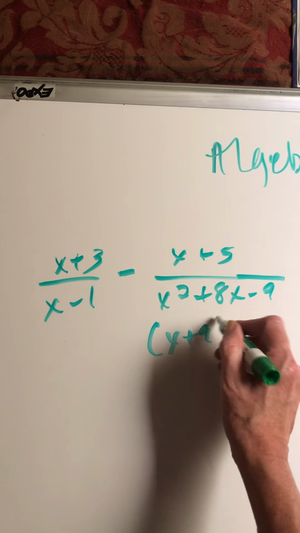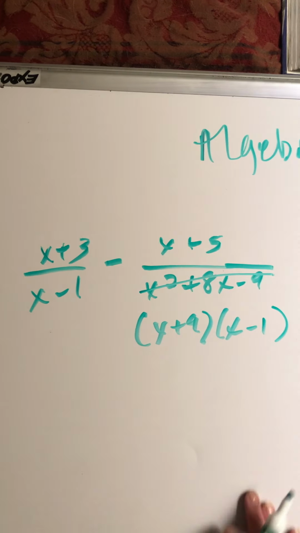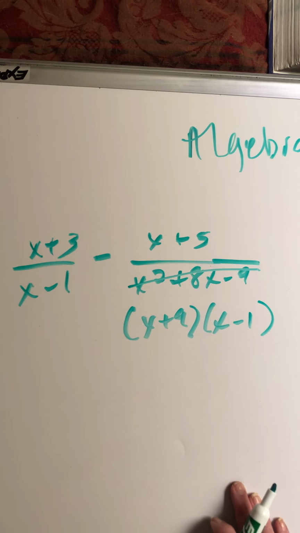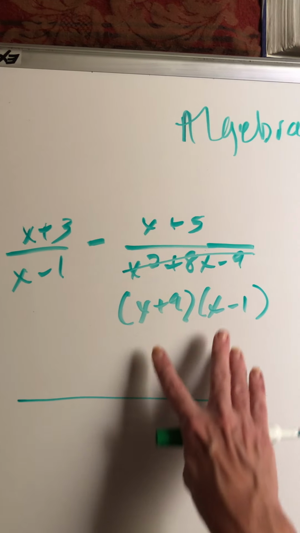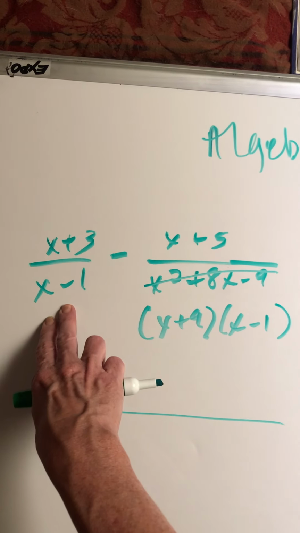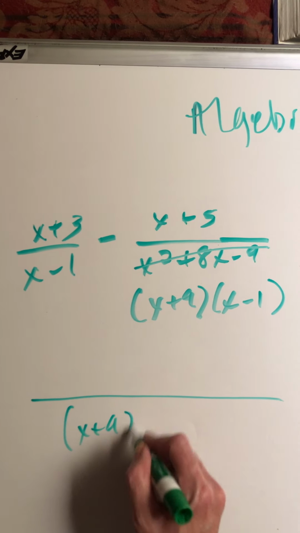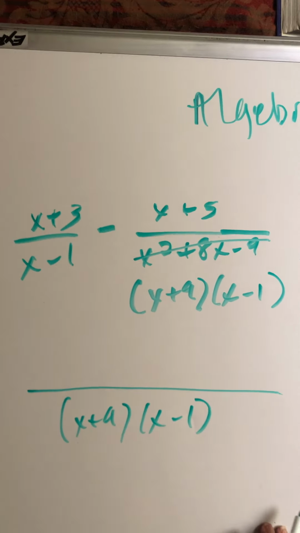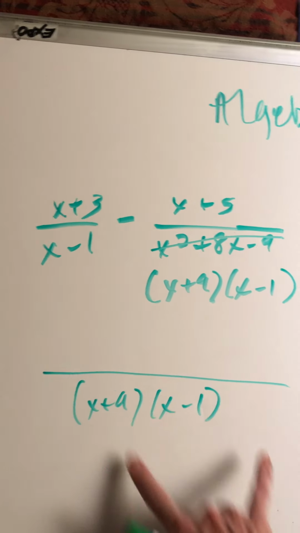So x plus 9, x minus 1. And then we need a common denominator. So x plus 9, x minus 1, and that's got an x minus 1. So my common denominator would be x plus 9, x minus 1. That's my common denominator. So then we look at the denominators and see what's missing.